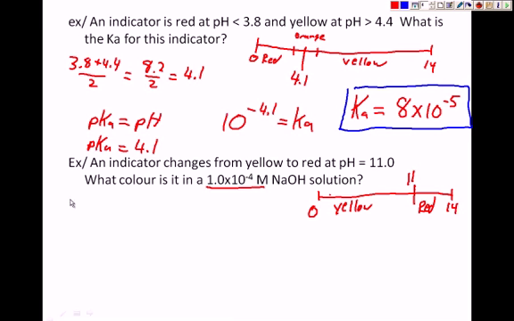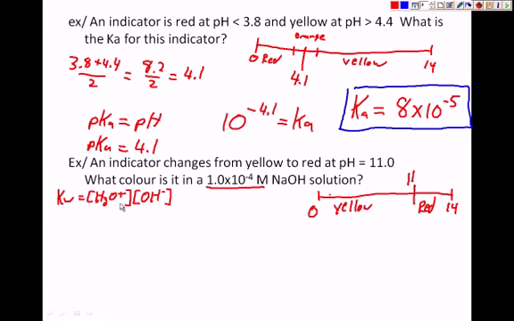The first formula is Kw equals H3O+ times OH-.